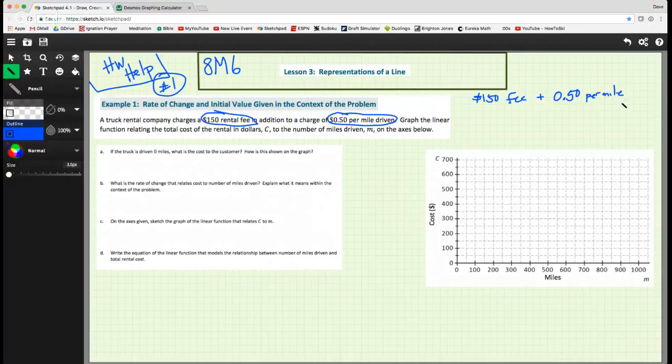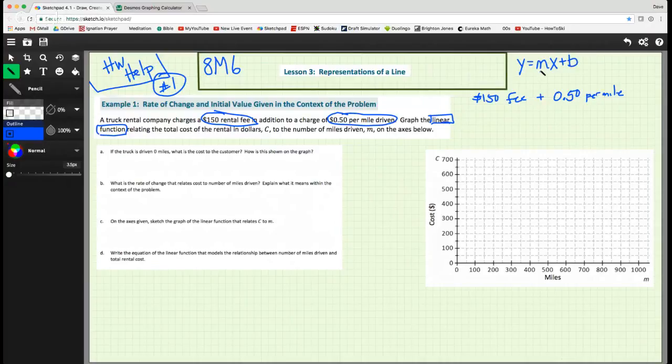Now, let's examine this in terms of what we learned in 8M4 and in 8M5. And we know also today that this is a linear equation, because it tells us this is a linear function. And so when we think linear function, we're thinking what? Y equals, say it with me, mx plus b.